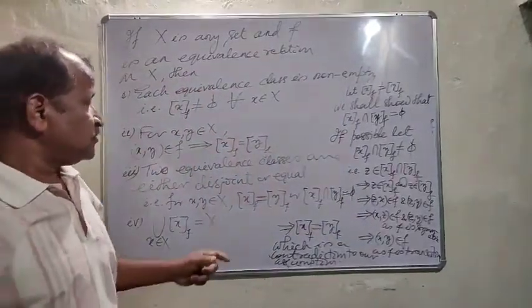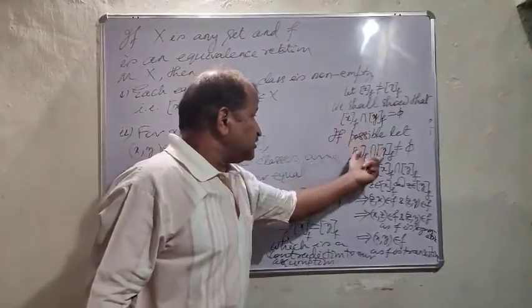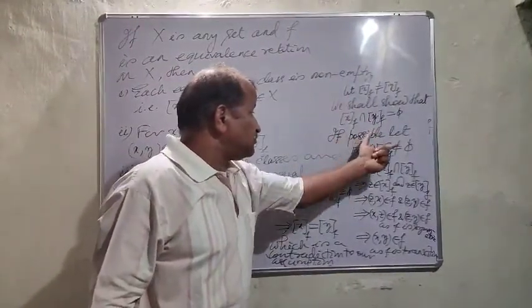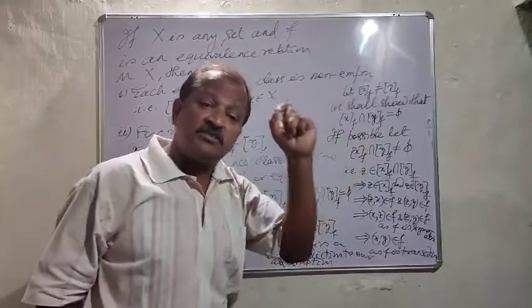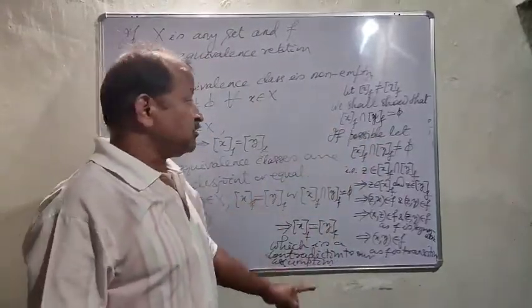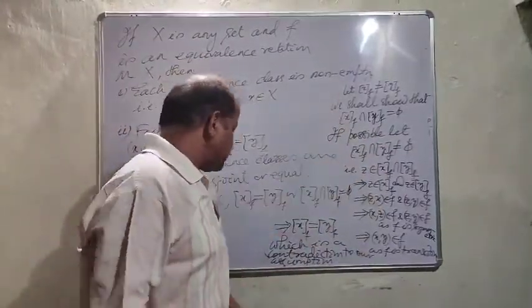So this is the 'if possible' case. That means it is impossible. It is not possible.